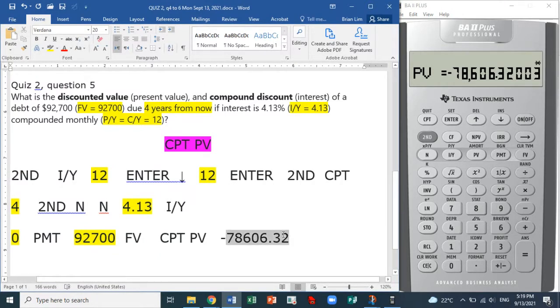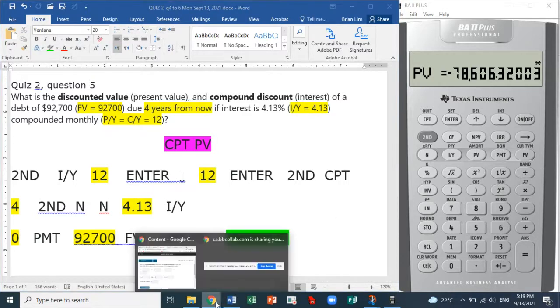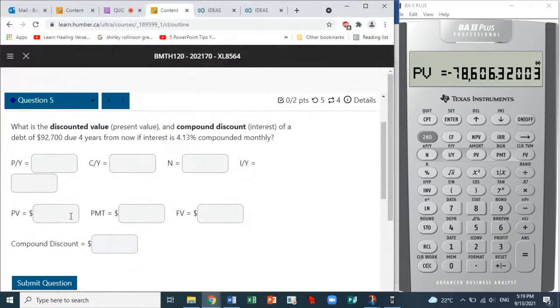All right, so this is our number. That should be the answer. And so we'll put that in green, and we can go back to the question now, and there we are.